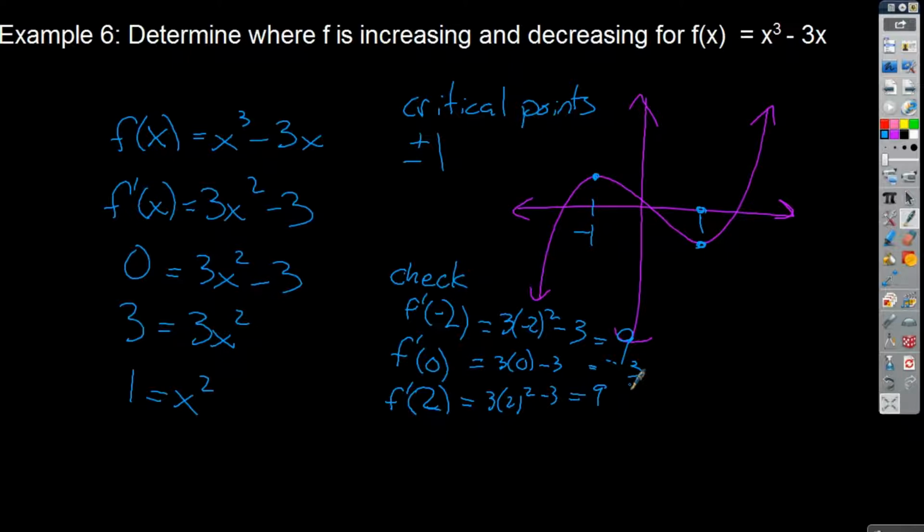So the graph is going to be increasing here because I have the positive slopes. And it's decreasing here because I have a negative slope.